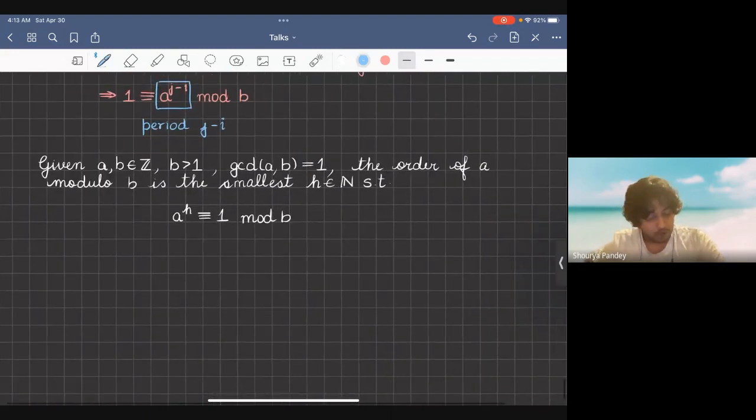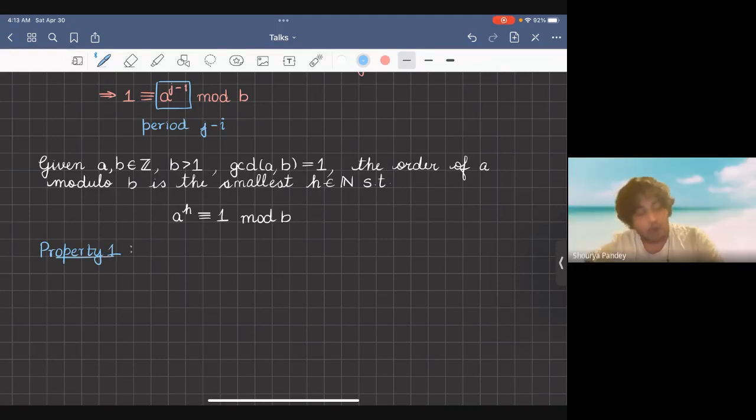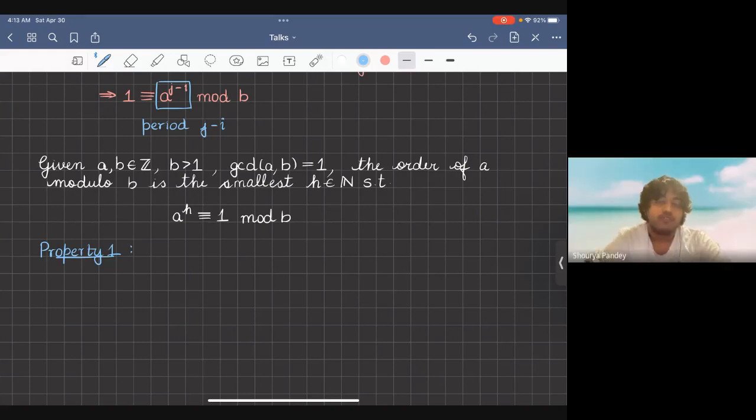So property 1. What exactly is an order? It's the smallest h for which you start repeating, right? Yes, it's the smallest natural h such that a to the h is 1 mod b. For example, the order of 2 mod 7 is 3, because 2 cubed is 1 mod 7, but nothing smaller is 1 mod 7.